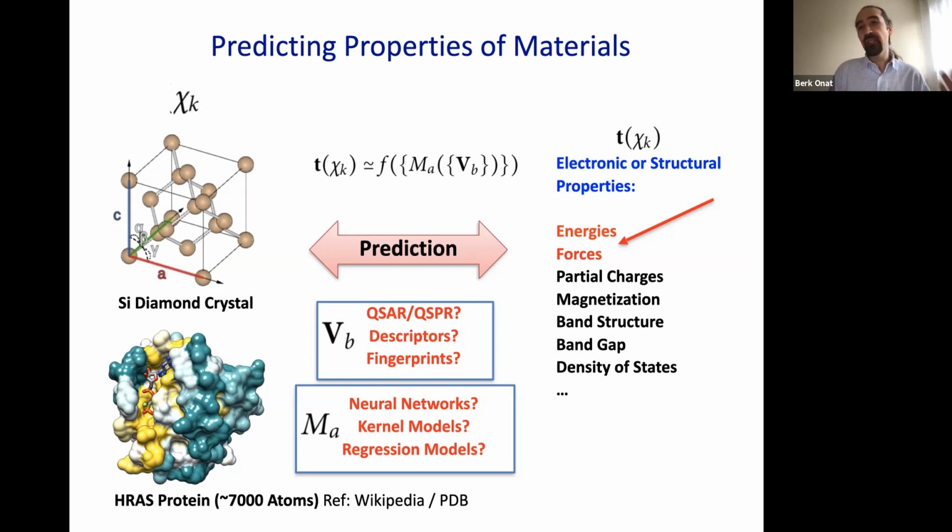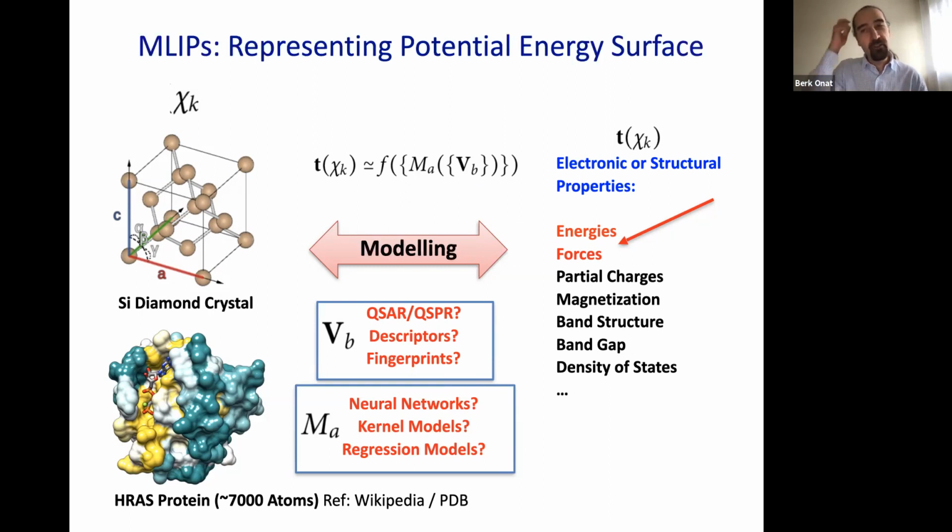In machine learning interatomic potentials, we actually see this picture in a different way. I will change the title and the arrow. In machine learning potentials, this is actually representing the potential energy surface. So we use exactly the same model, but we would like to predict the potential energy surface of a specific material, so we can use it as an interatomic potential. That's where everything starts.